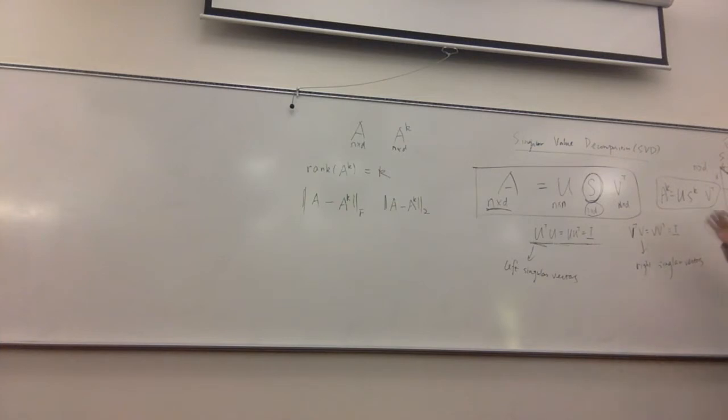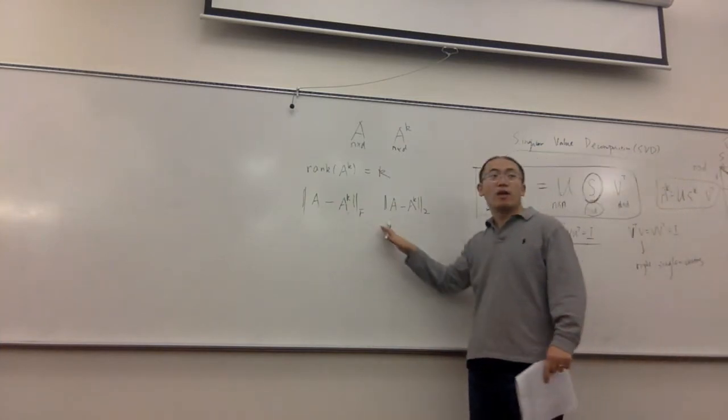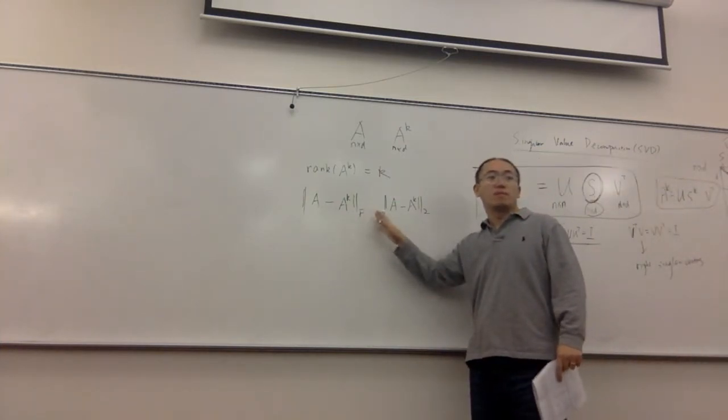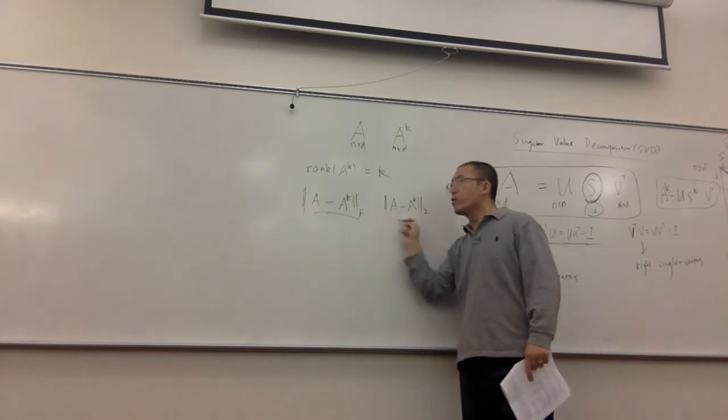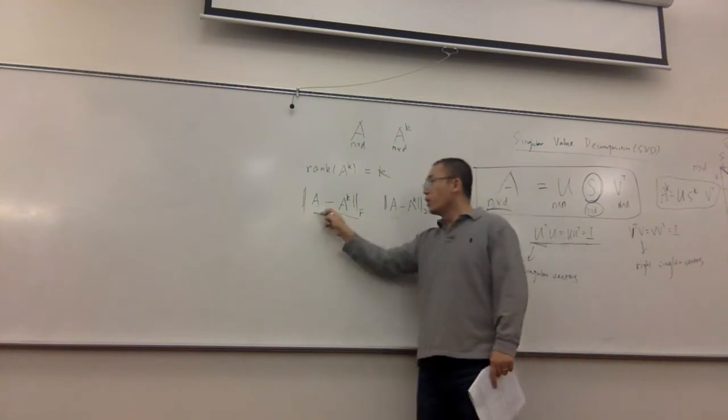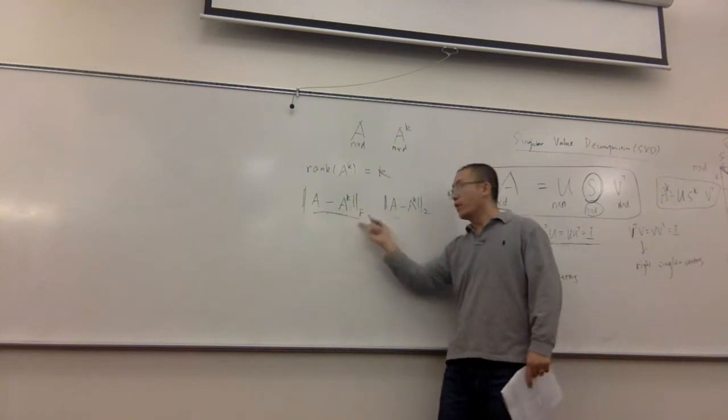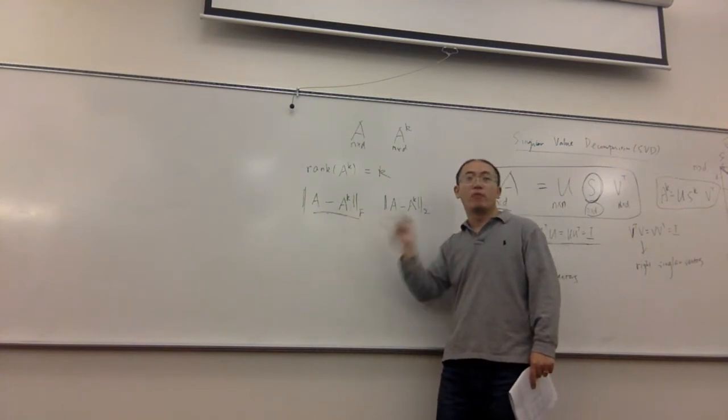It simultaneously minimizes the Frobenius norm and the 2 norm of the difference. And if you look at the theorem, it will also give you the exact value of the minimum norm.